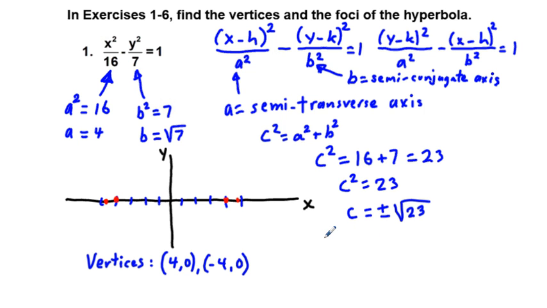And as far as the coordinates of the foci, foci being plural for focus, they are square root of 23, 0, and also negative square root of 23, 0.